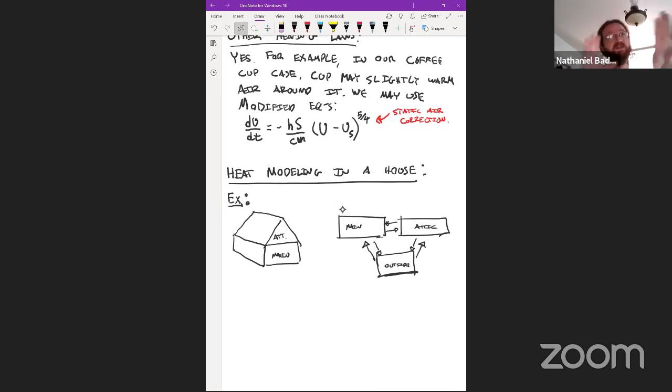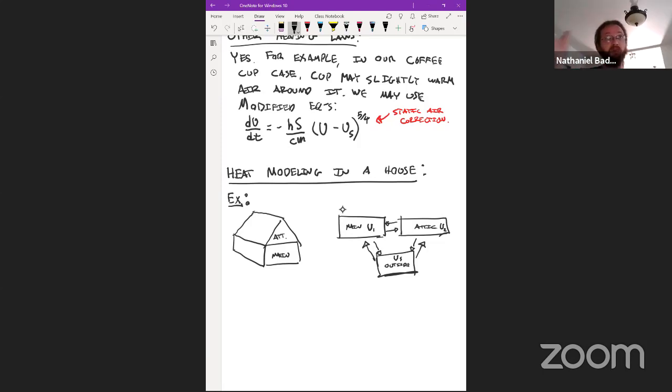So we just need to specify how this heat transfer is going to go down. Let's call the temperature on the main floor U1 and the temperature in the attic U2. Then we'll call outside US.